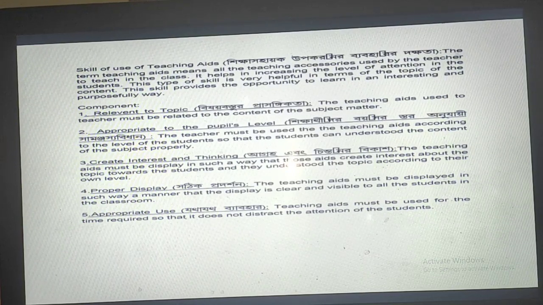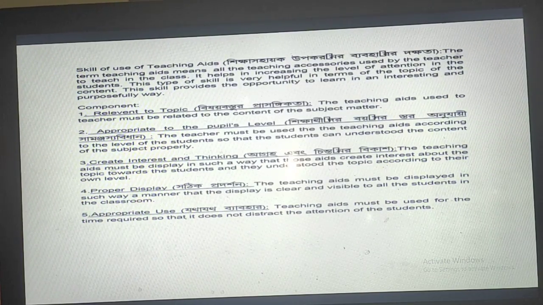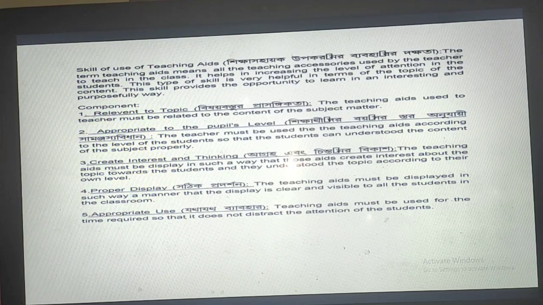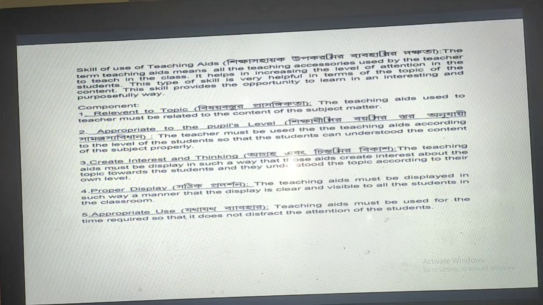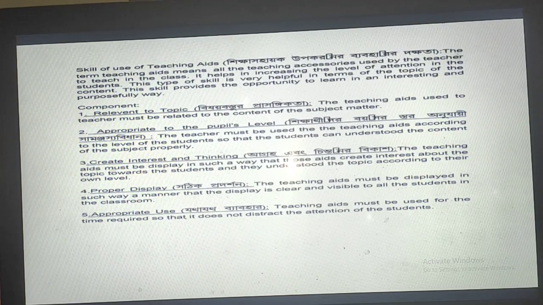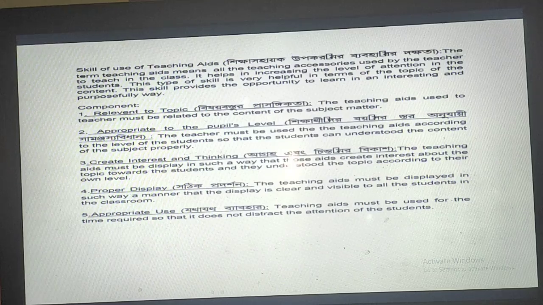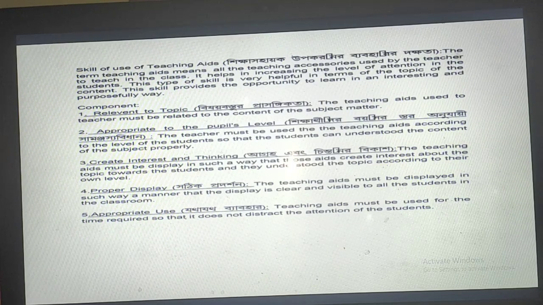Here are some components. Relevant to the topic: teaching aids should be relevant according to the topic. Appropriate to the pupils' levels: when the teacher uses teaching aids, the teacher has to think about two criteria, the level of the students and the level of performance.